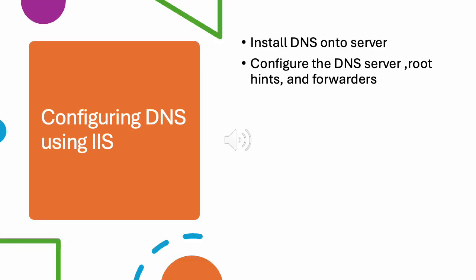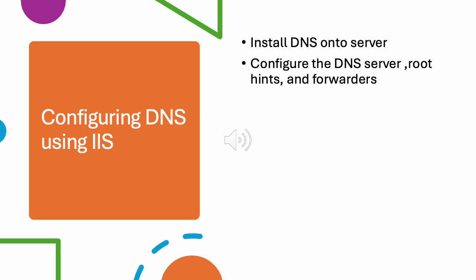To configure DNS on an IIS server, you should follow these steps. First, install the DNS server role. On Windows Server, enable the DNS server role through the Server Manager tool. Second, configure the DNS server settings. Set up key configurations such as root hints and forwarders to optimize query resolution and improve performance.